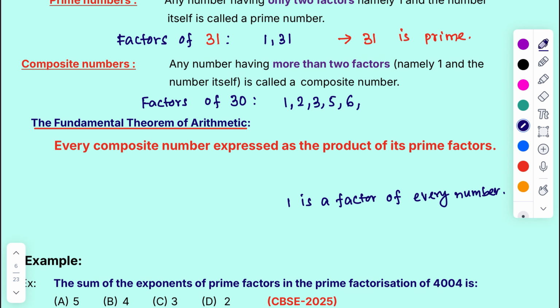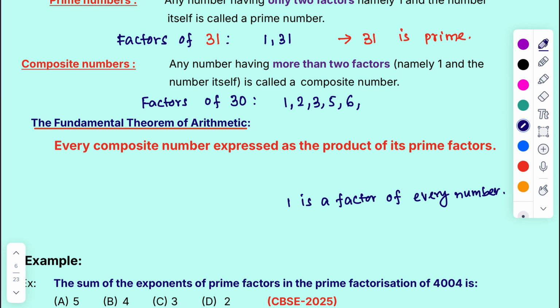This can be written as 4004 equal to 2 into 2 into 7 into 11 into 13. 2 into 2 is 4, 4 into 7 into 11 into 13.